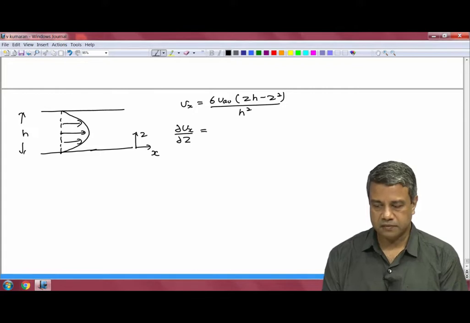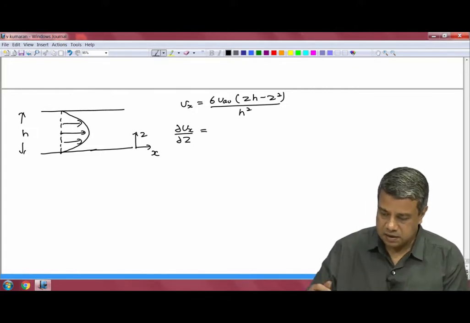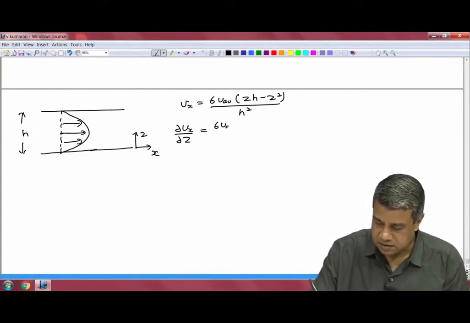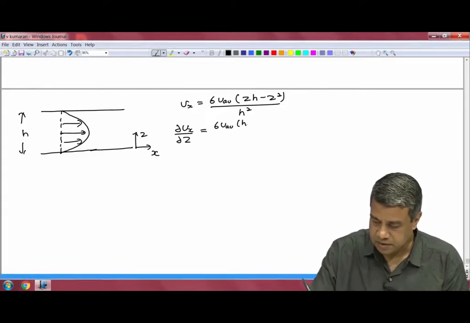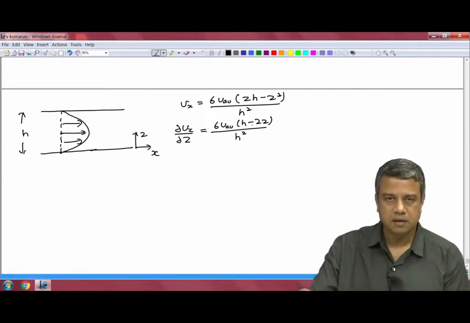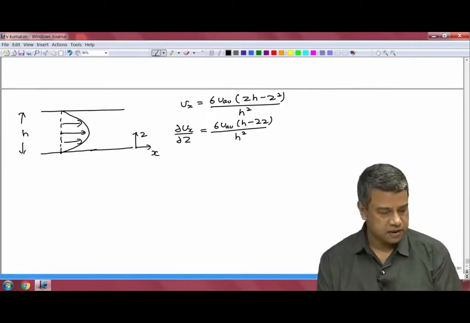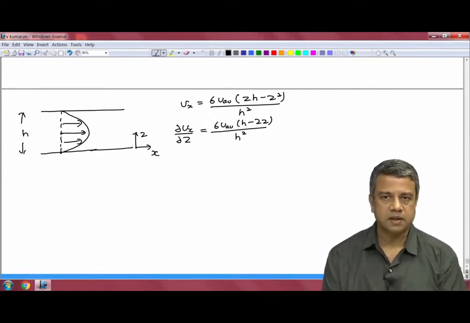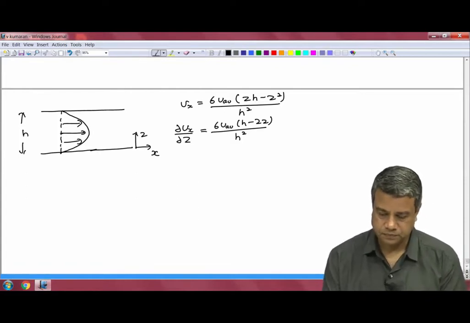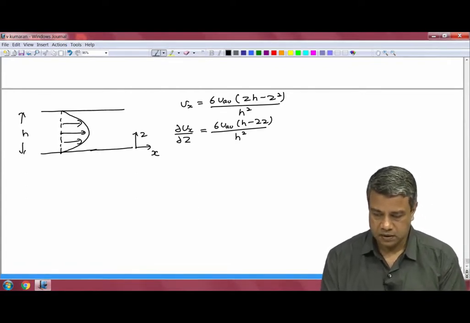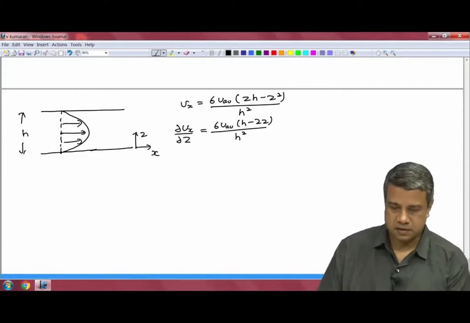And if I take the derivative with respect to z, I get this as 6 V average into h minus 2z by h square. This is 6 times V average times h minus 2z divided by h square. So, what is the rate of deformation tensor?